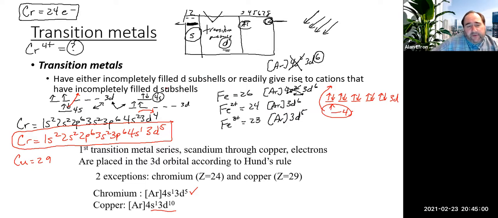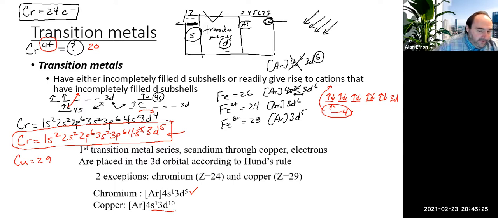So back to my bad question of what happens when we get a +4 charge. At this point, this would be our correct configuration for chromium, which means when it loses 4 electrons, it would have 20 electrons at that point. The first electron that would be lost would be this electron here.